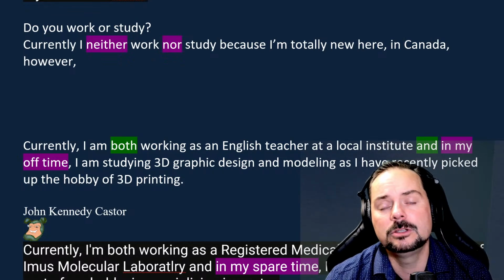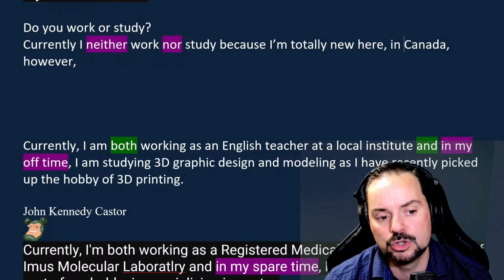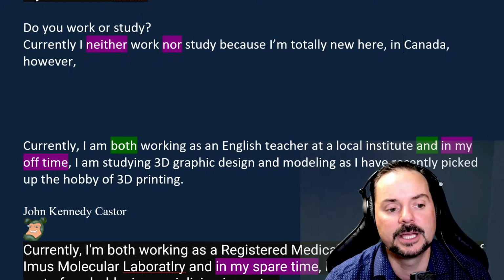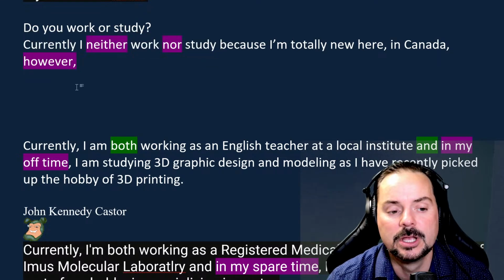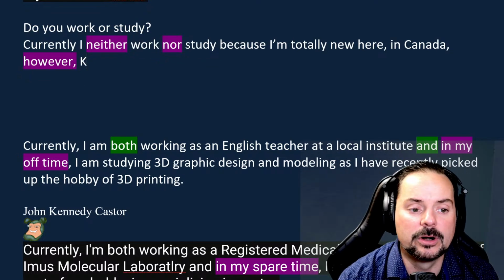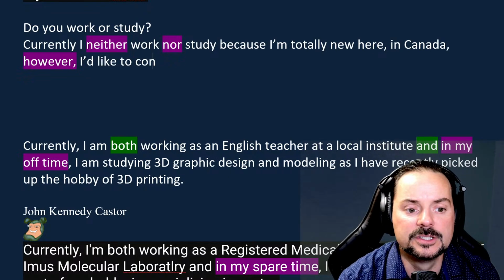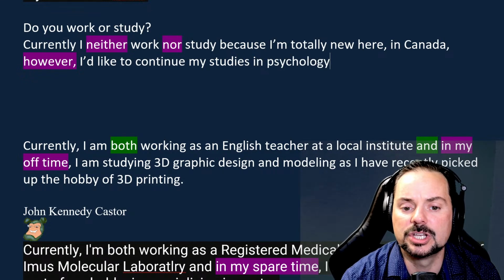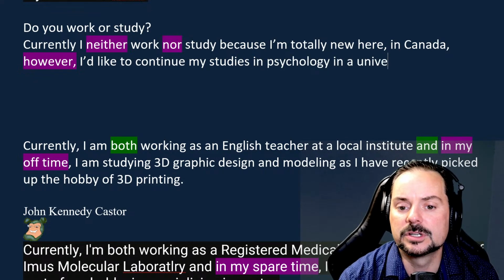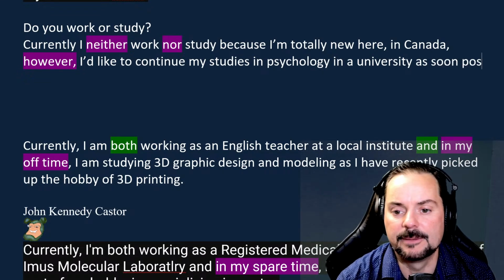And then you definitely reinforced that you should get a band 7 at least by using this nice subordinating conjunction, however. You said, however, I'd like to continue my studies in psychology in a university as soon as possible. It was something like that. Yes.